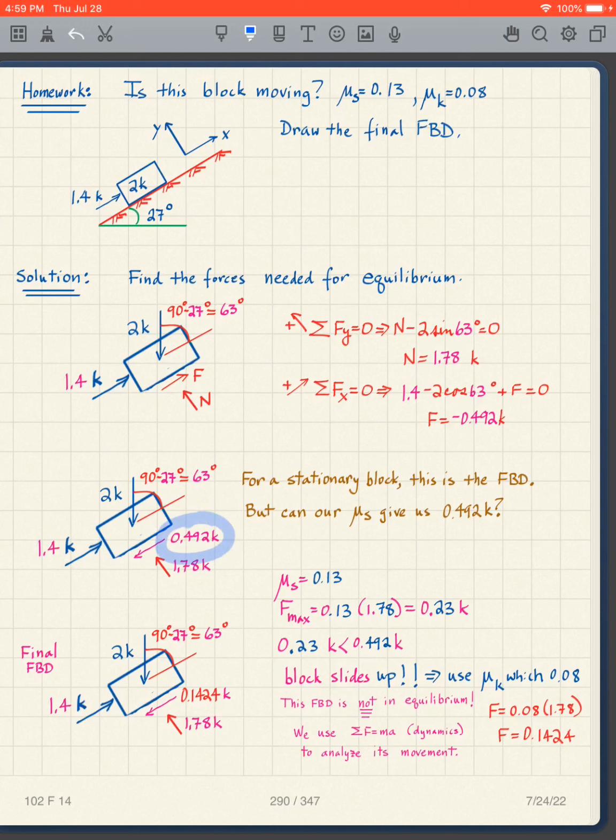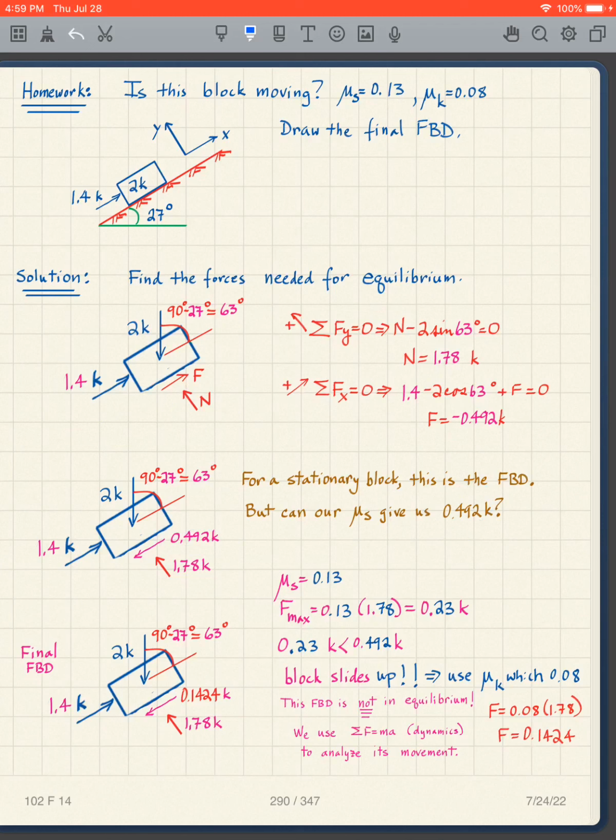We need this friction for equilibrium. But can we get that friction or not? Well, I look at the static coefficient of friction, and I want to know if it's going to give me the 0.492 that I need.